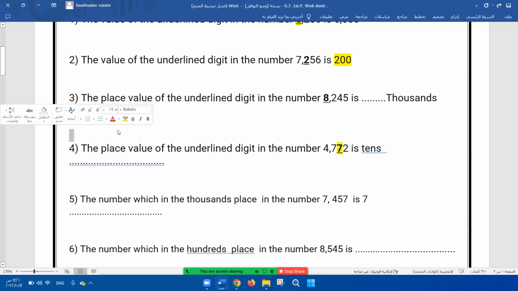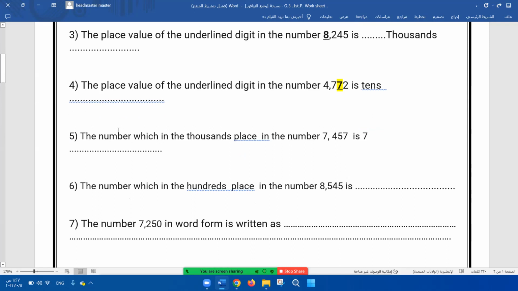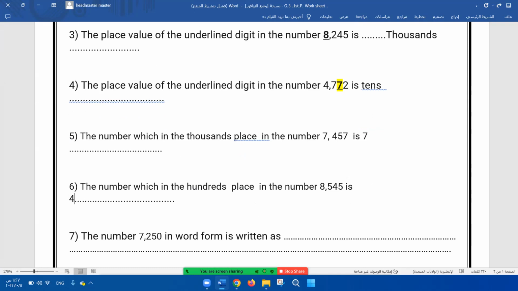The next question, question 6, the same idea, but another place value. Question 6, the number which is in the hundreds place in the number 8545 is, yes, very good, it's 4. 4 in hundreds place. So the number, sorry, yes, it's not 4, it's 5.